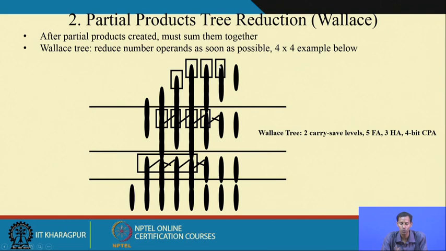Here you see, for 4 cross 4, I have to use 2 carry save levels, 5 full adder cells as well as 3 half adder cells, and a 4 bit carry propagate adder. This is the carry propagate adder, and these are the half adder and full adder cells. So in total 8 cells: 5 full adders and 3 half adders.